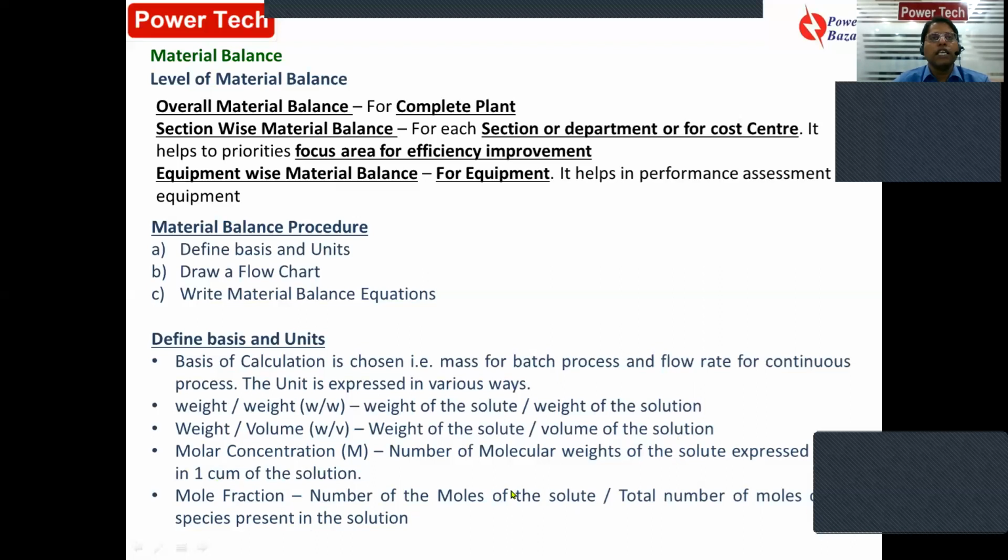So it is solute moles divided by total moles of each constituent present in the solution. So these are the four ways you can express the mass: W by W, W by V, molar concentration M, and mole fraction. We'll study in detail while solving numericals on these.